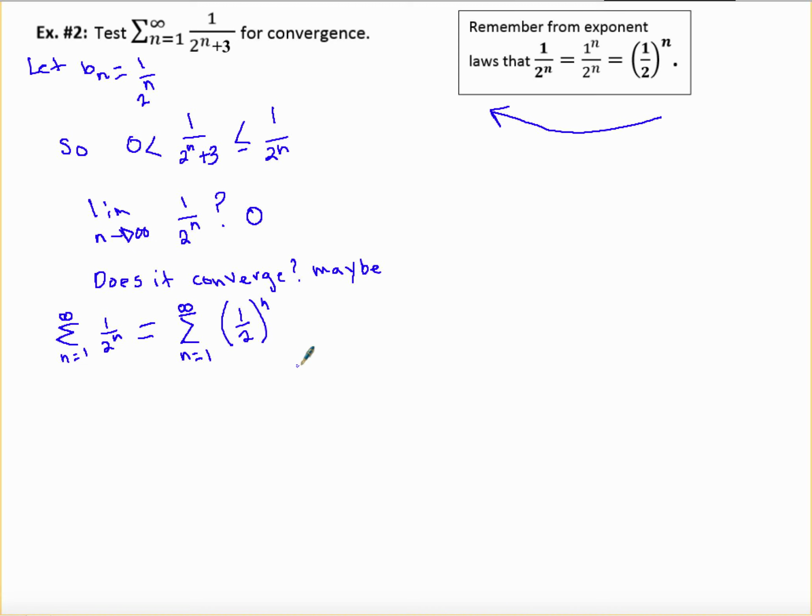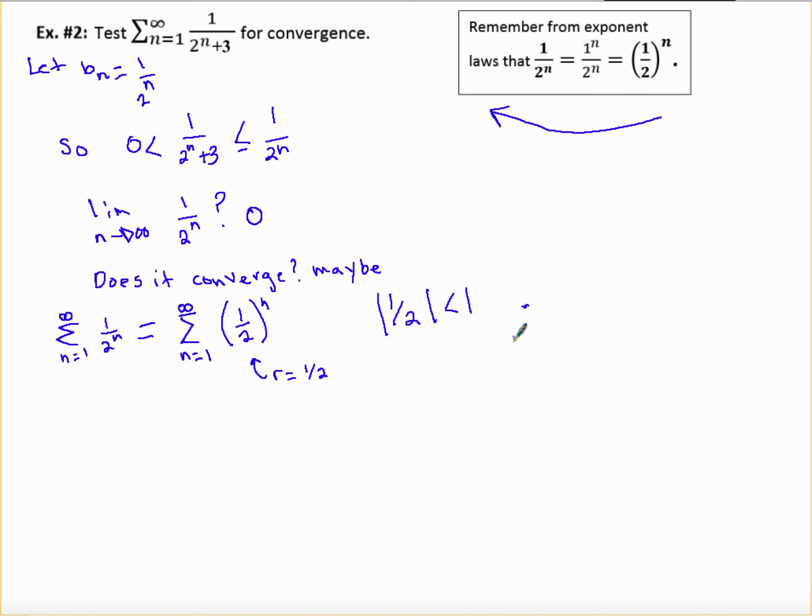And this is a geometric series whose r value, in this case, is 1/2, and its absolute value is less than 1.